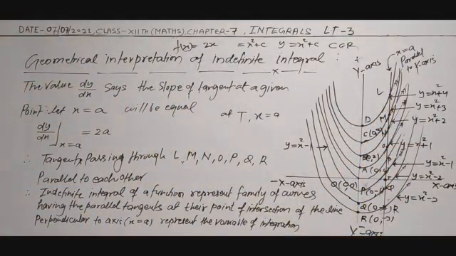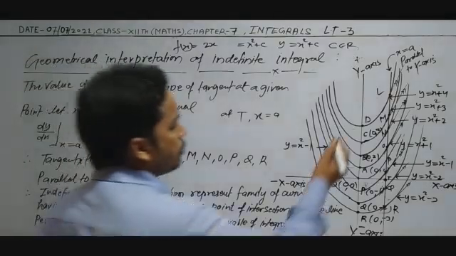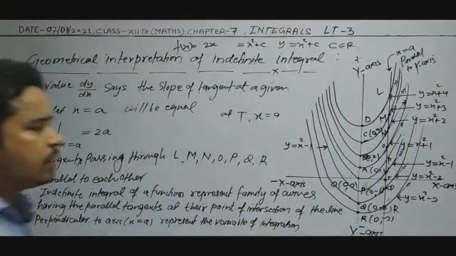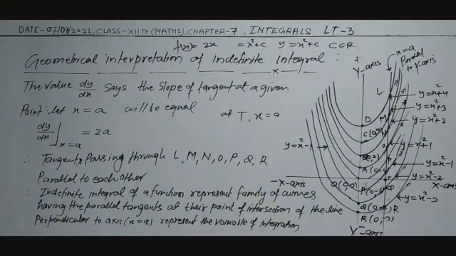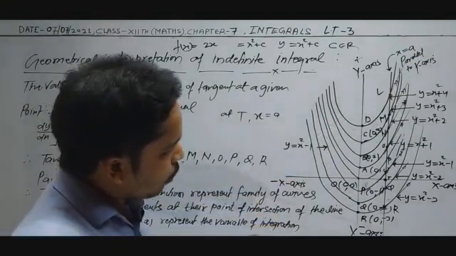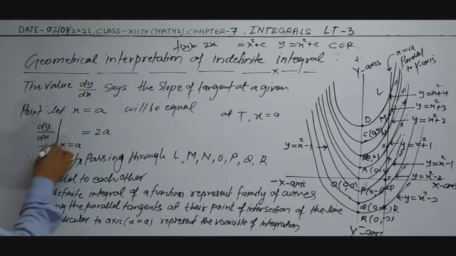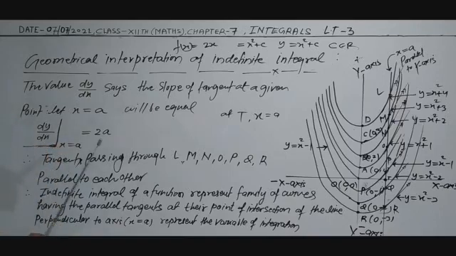This point is the point of contact, where you can draw the tangents. When you draw the tangents through these points L, M, N, O, P, Q, R, S, you will get the same tangents.